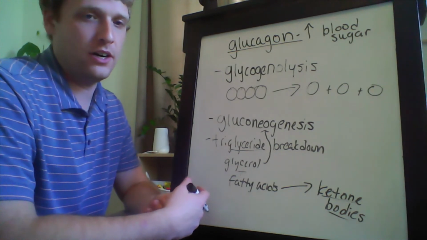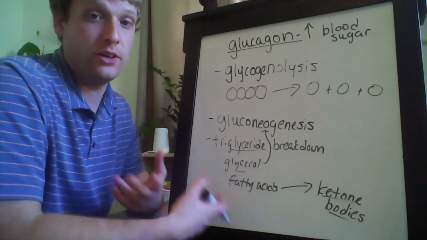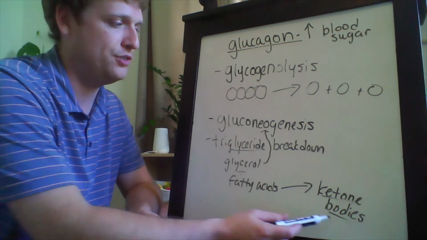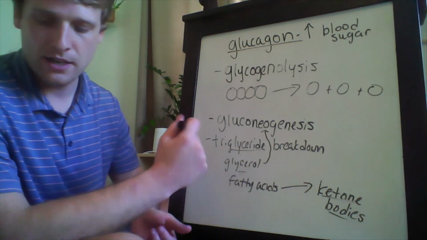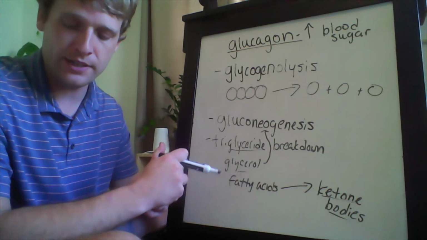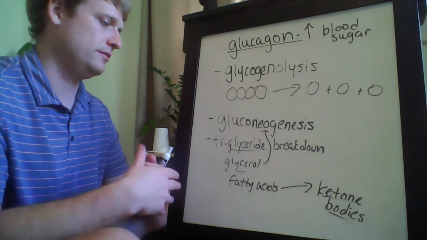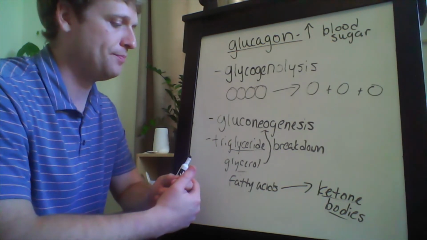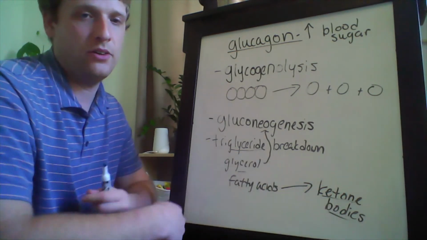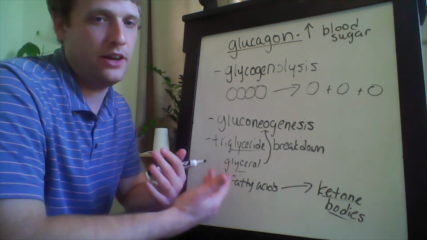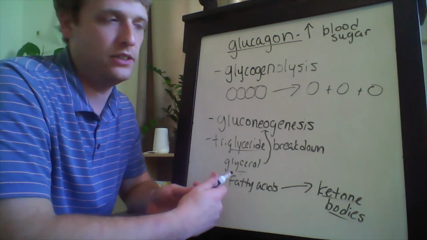So this can cause ketoacidosis. It'll lower your blood pH if you have too many of these ketone bodies. That can actually be somewhat dangerous in certain cases. But ketone bodies themselves can be used as another energy source, just like glucose can.